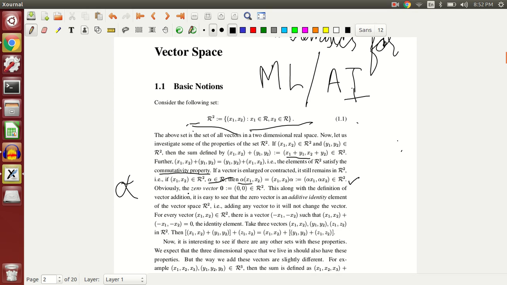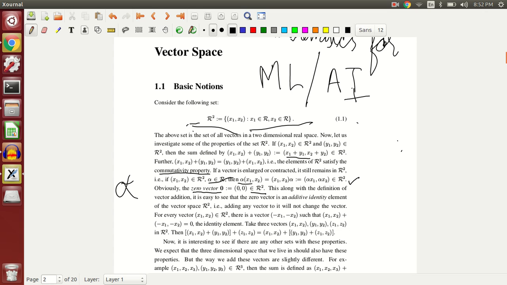Then you want to find out the additive identity, the zero vector. Let's say the zero vector is part of R2 as indicated here. Along with the definition of vector addition, it is easy to see that the zero vector is an additive identity. Adding any vector to it doesn't change the value of the vector.